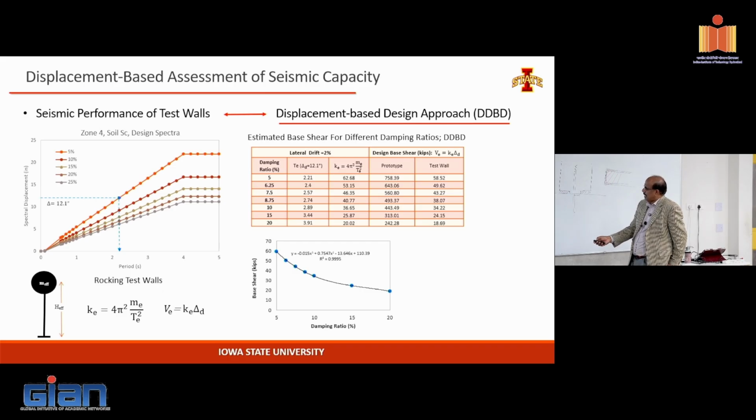So if the system has a certain amount of damping, your base shear is going to be this value. Don't worry about the unit, but let's say it's 30 units. But if you're doing a single rocking wall, your base shear will go up. And so instead of 3 volts, maybe you put 4 volts. But again, the wall panel doesn't have a lot of reinforcement, so 4 volts doesn't cost a significant amount.